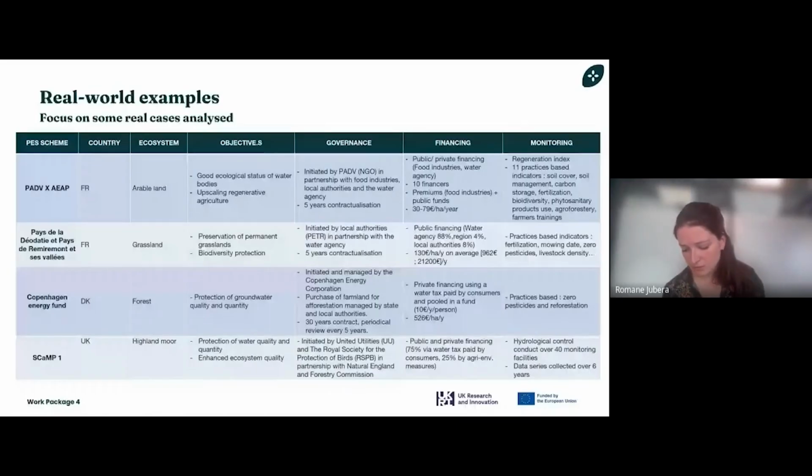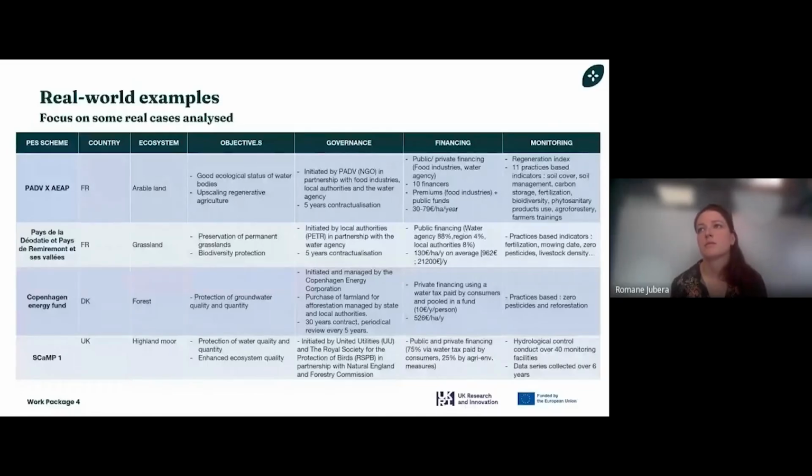There is no aim to make them change or adopt better practices. The objective is really to maintain the permanent grasslands in the area. It's also based on practice indicators. The price can vary a lot, but most of the time the average is 130 euros per hectare and per year.